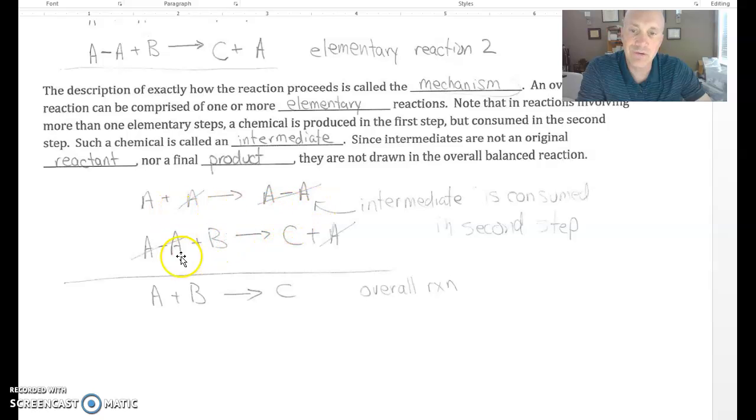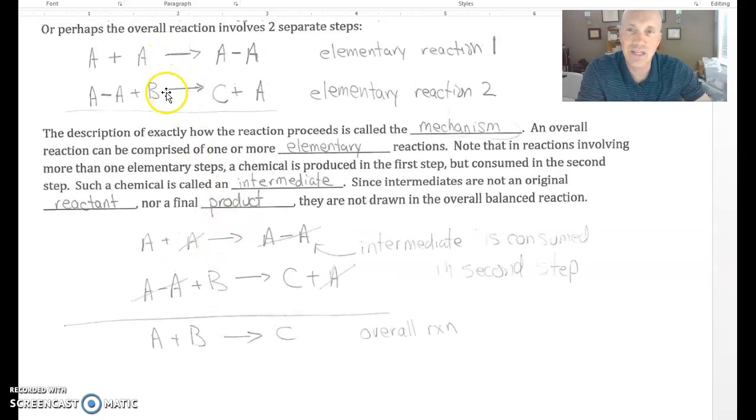Whenever you have a series of chemical reactions, if you ever see the same thing on one side of the reaction as you do on the other side of the reaction, they end up canceling out. So if we take these two elementary steps right here, you can see that this would cancel with this. So the intermediate, which is formed, immediately gets consumed. So it's neither an original reactant, nor is it a final product.